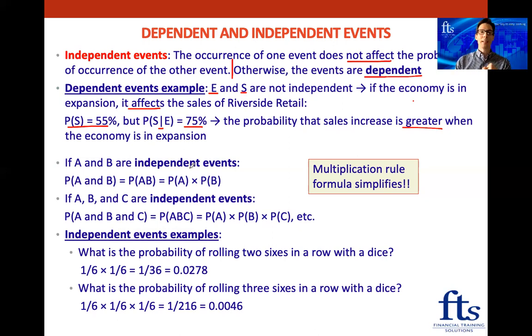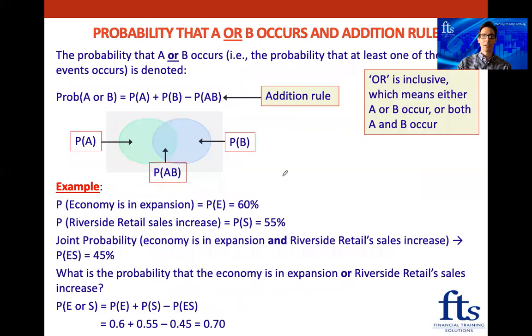Right, so let's go on now to the independent events. If A and B are independent and we want to work out the probability of A and B, all we need to do is multiply their probabilities together. Remember the multiplication rule that we did in the previous class, that was for dependent events. It looked like this. Let's go back to refresh our memories.